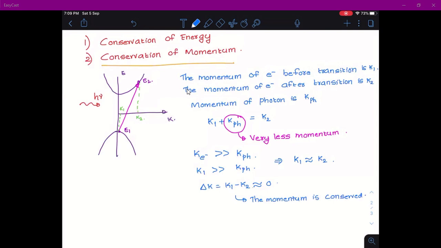So when you say K1 is approximately equal to K2, this means K1 and K2 are very near. So this line is approximately like a vertical line. Okay.